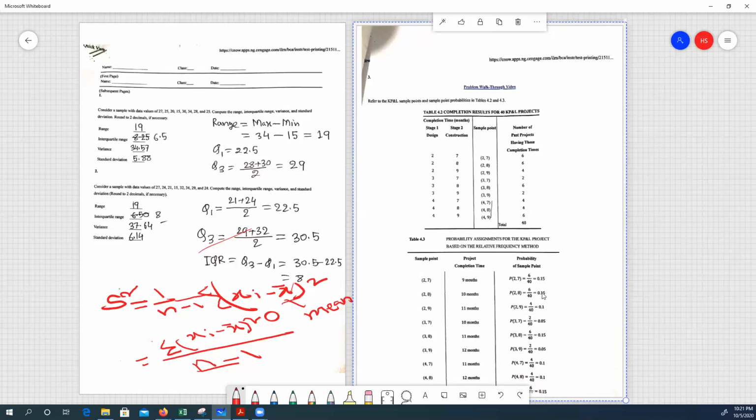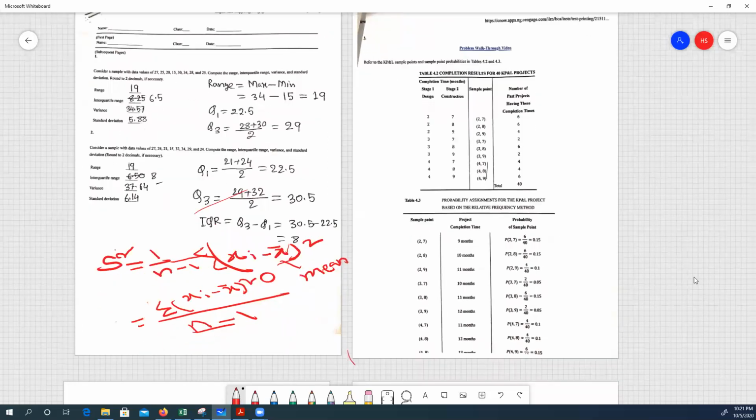And this is also 0.15. That means 15% of the projects require 10 months to complete, okay? And similarly, you can calculate the probability for this sample point, which is 0.1, and so on, okay?